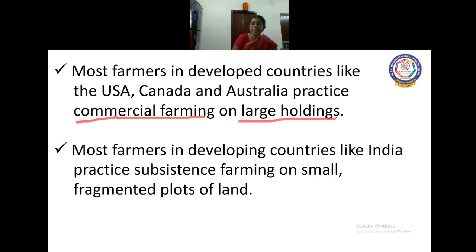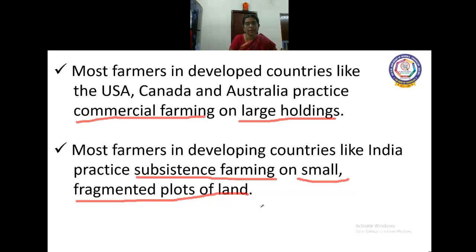But developing countries like India practice subsistence farming on small, fragmented plots of land. Why does this condition arise? Because this is the law of the land followed in India.